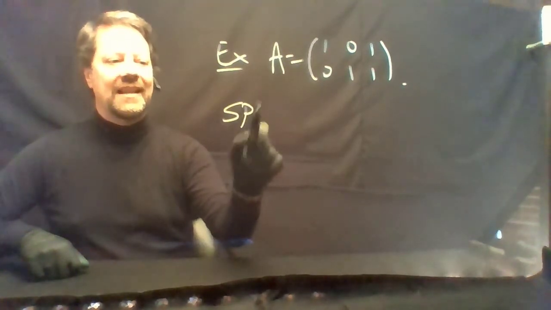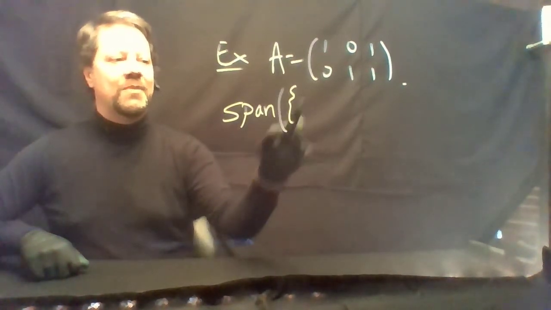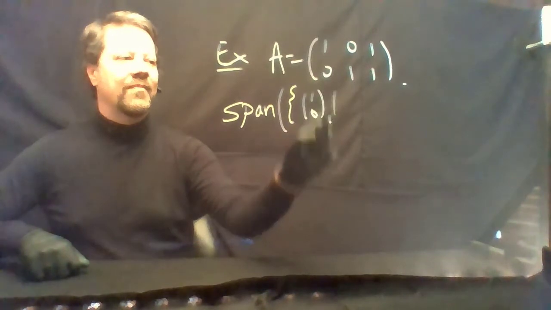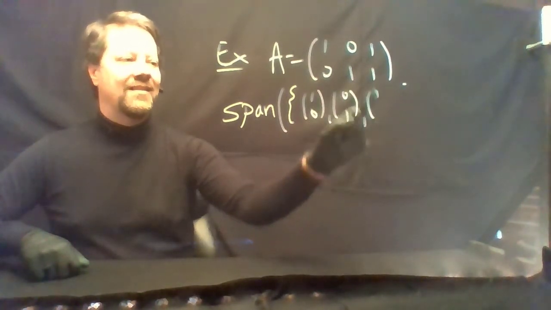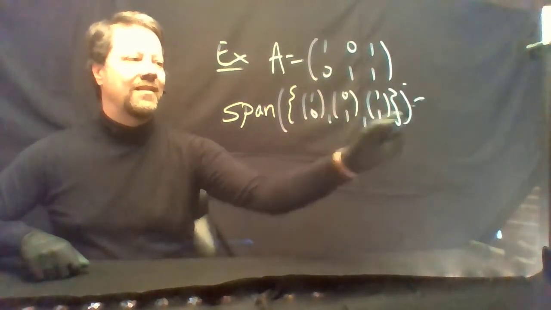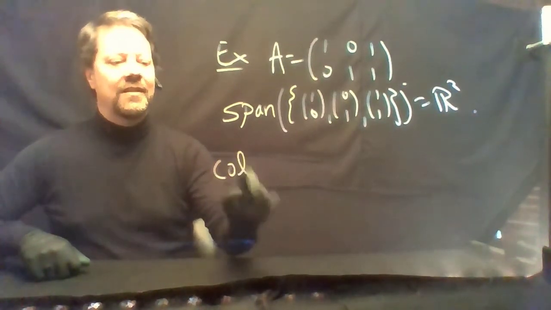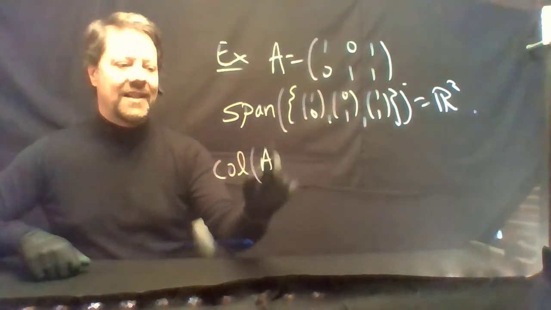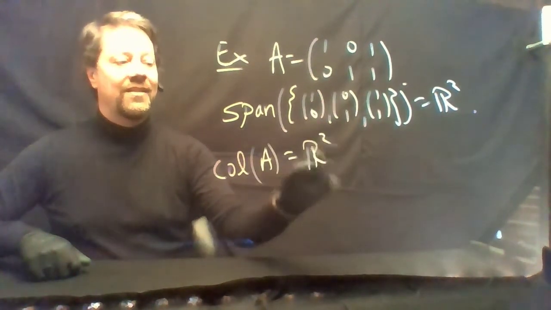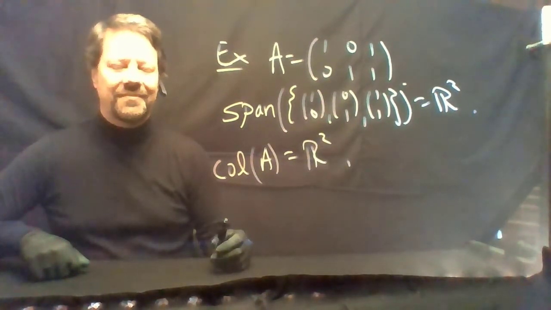We've already seen that the span of these columns is all of R2. Therefore, the column space of this matrix A is all of R2.